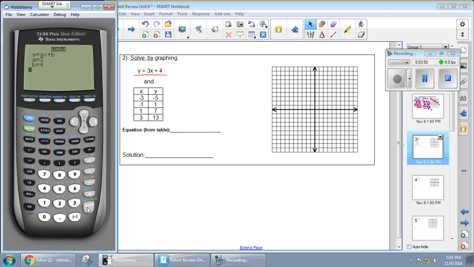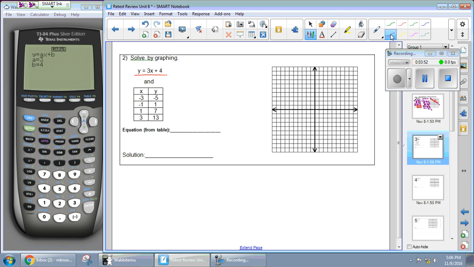So this line is y equals 3x plus 4. They're the same line. So I'm going to graph this line. I go up 4 on the y-axis. That's my y-intercept. And then my slope is 3. So I go up 3, forward 1.